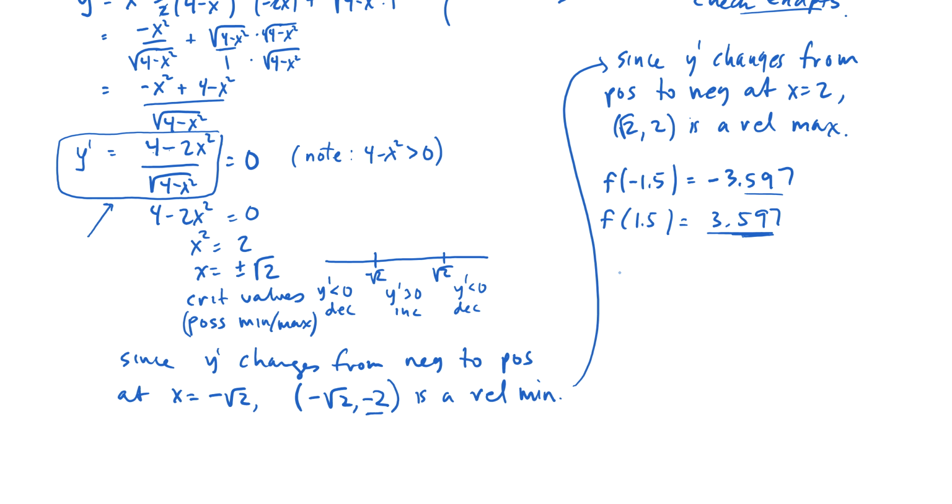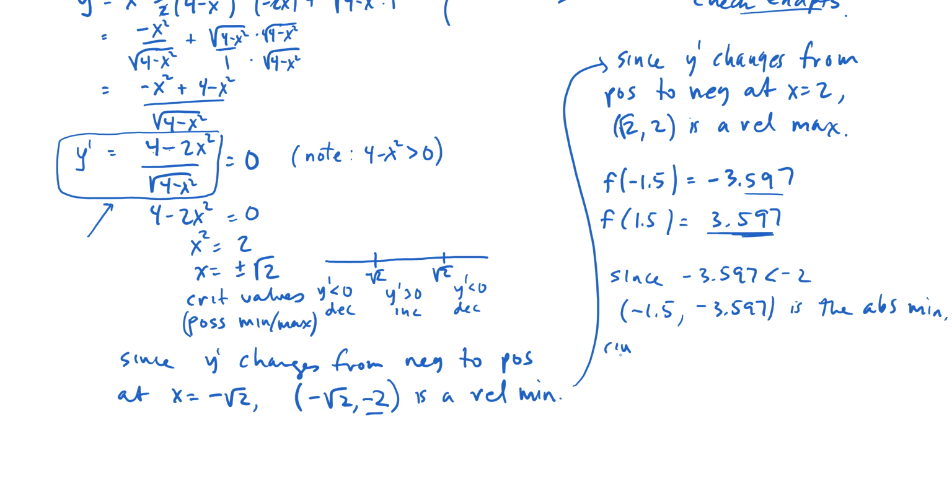Okay, so since negative 3.597 is less than negative 2, this point, negative 1.5, negative 3.597, is the absolute minimum.